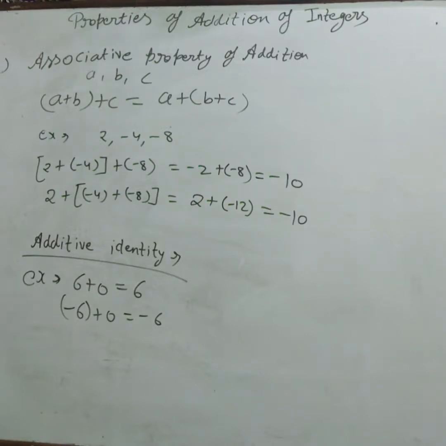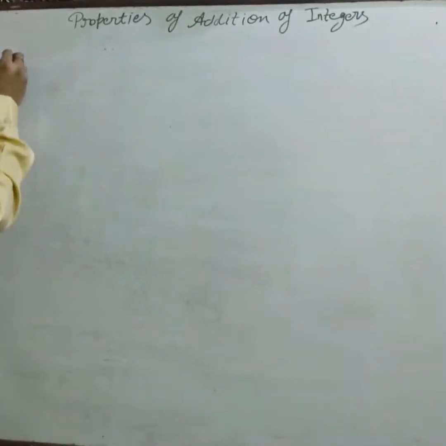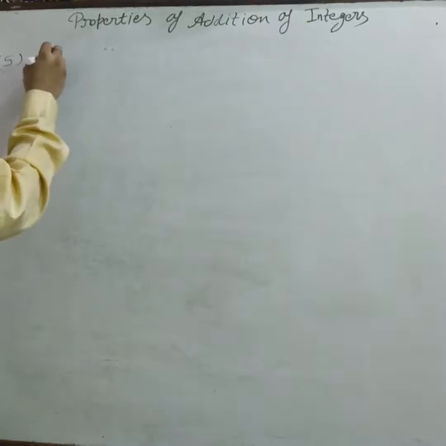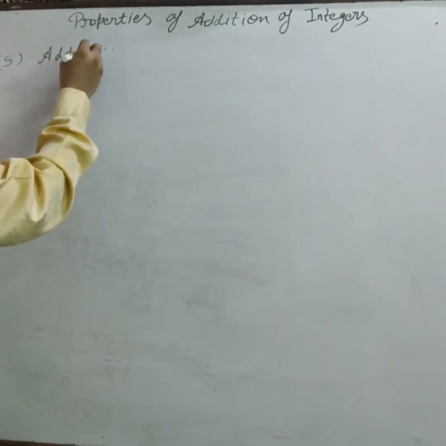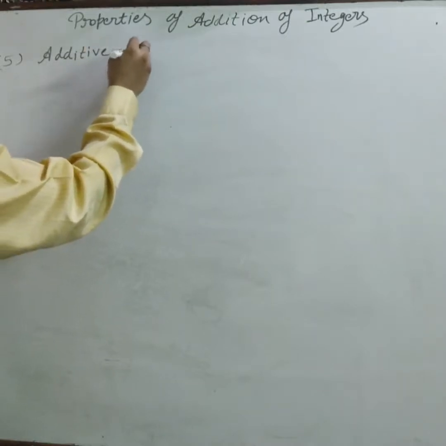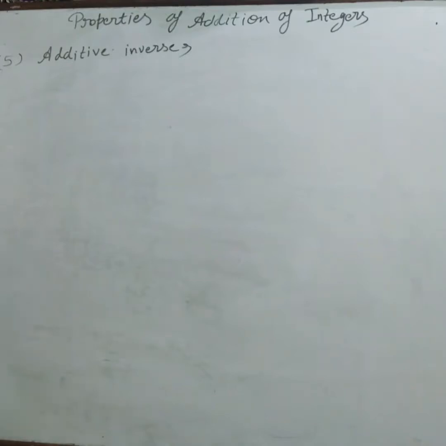Now, the next property is the additive inverse. In additive inverse, if a is an integer, then a plus -a is equal to 0.